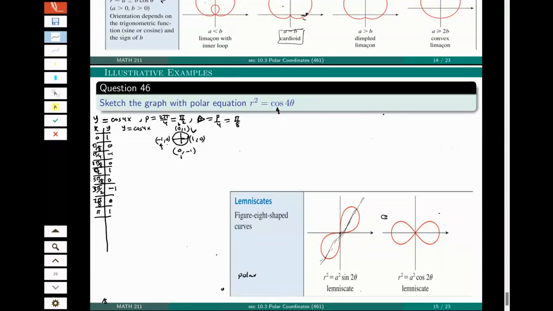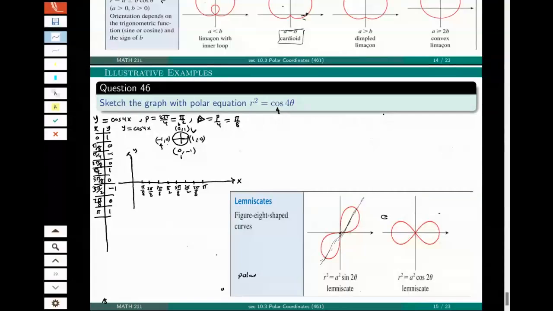So if I draw this in the XY coordinate system, let me say this is the x-axis, that's the y-axis. I'll say this is pi over 8, this is 2 pi over 8, 3 pi over 8, 4 pi over 8, which is pi over 2, 5 pi over 8, 6 pi over 8, 7 pi over 8, and pi.